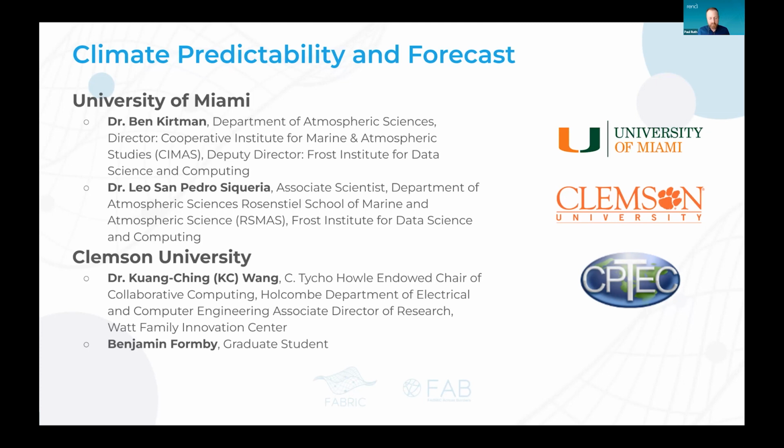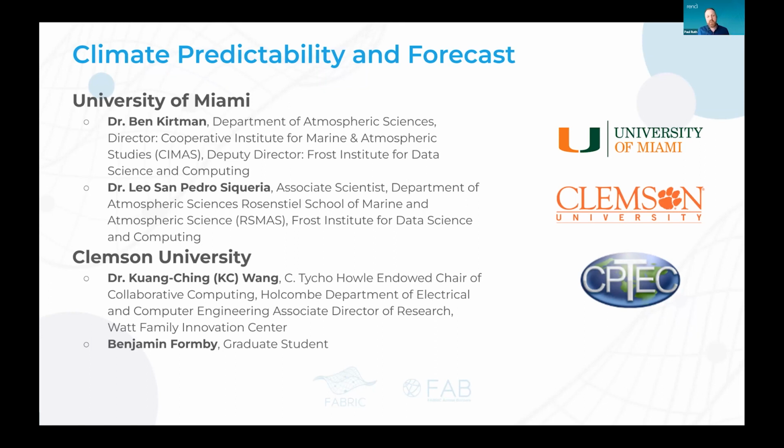He is the director of a NOAA center at University of Miami, and he works with Dr. Leo Siqueira, another scientist working on atmospheric science, who has ties to Brazil and an organization there called CPTEC, a center for weather forecast and climate studies in Brazil. Between Dr. Kirtman and Siqueira, they work with Brazilians and people in Florida to predict climate.